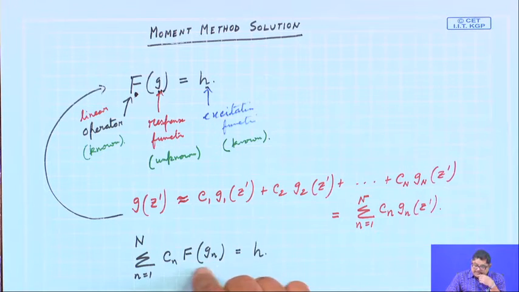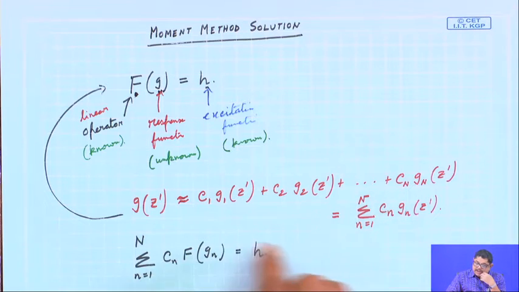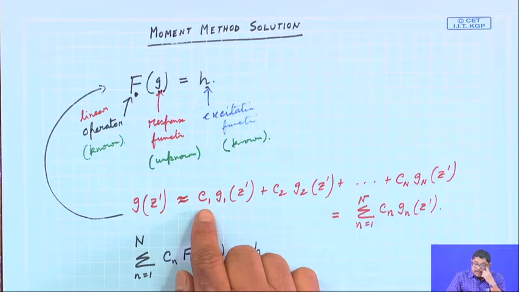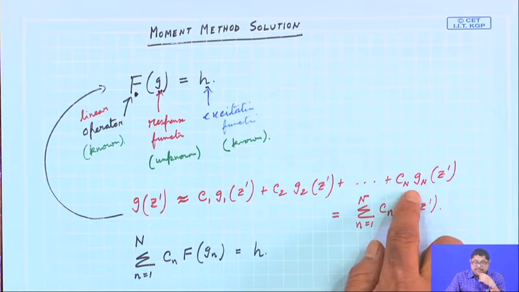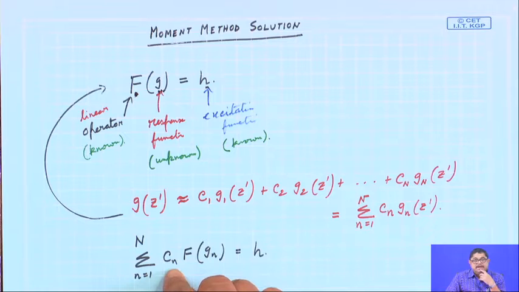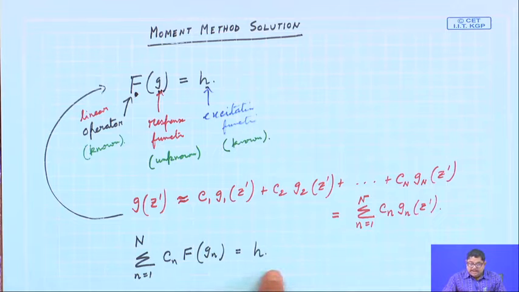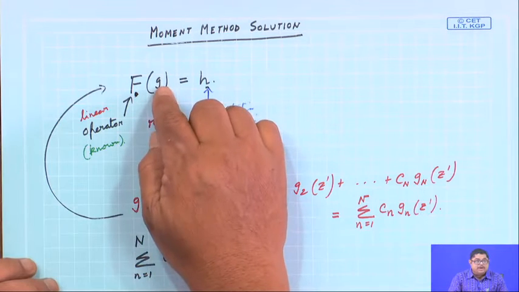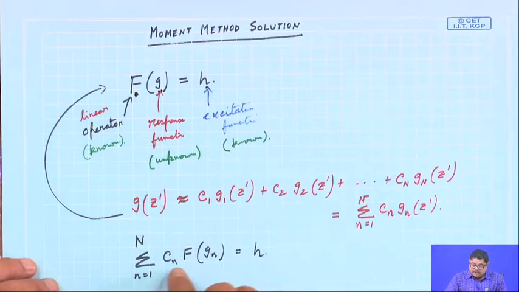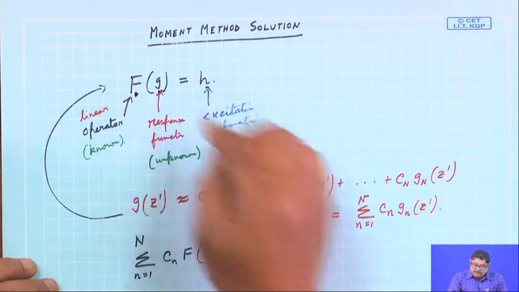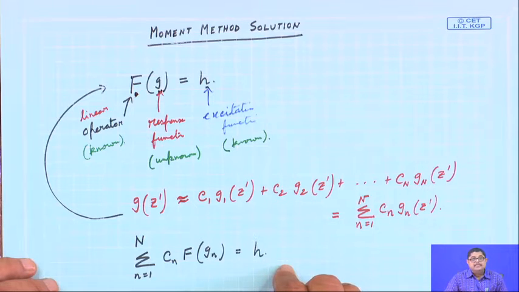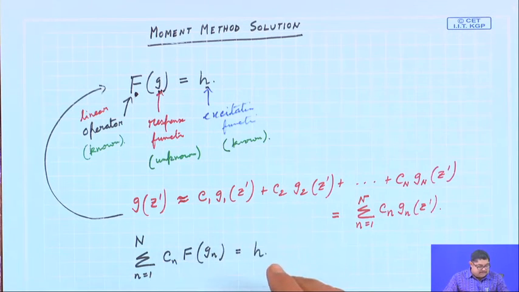So, once that is there, that means now this unknown has been boiled down to capital N number of unknown constants C n which needs to be determined. But the problem is you see that there was only one function which needs to be found out. Now, we have expanded it here, but we have created N unknowns, but we have only one equation. So, that we now need to change.